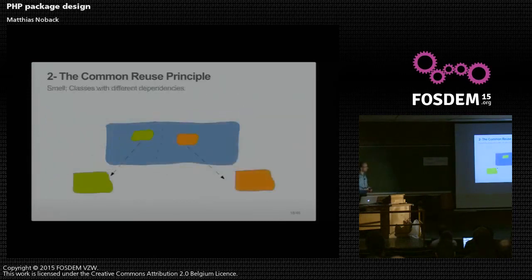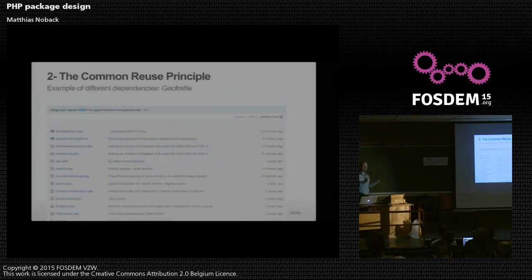Then another sign of packages violating this principle is that when one class in the package needs another dependency, then another class does. So there can be other packages that are only needed by a very small part of this one blue package. A great example, I think many libraries are great examples of this, but for instance, a file system abstraction package that I know and have worked with, it's called Gaufrette.